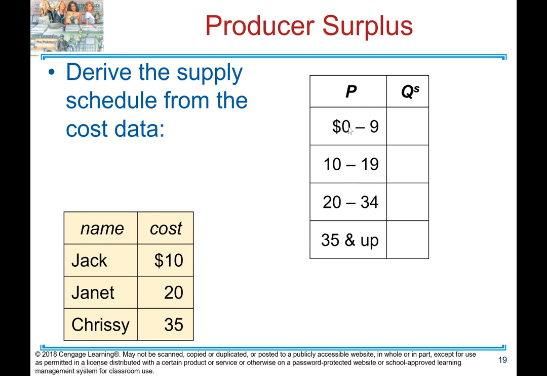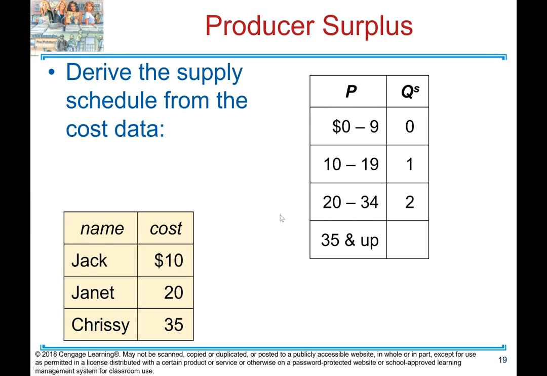When the price is 0 to 9, nobody's willing to cut a lawn for that much. So nobody's going to agree to that price. But when the price is increased to between 10 and 19, Jack will take that offer and say, okay, I'll cut your lawn for $10, because you have met Jack's willingness to sell his services at that price.